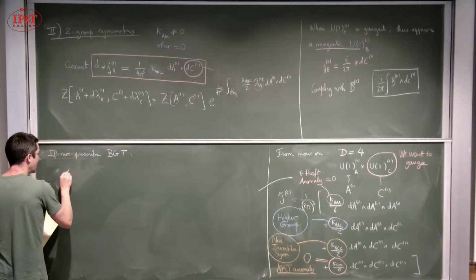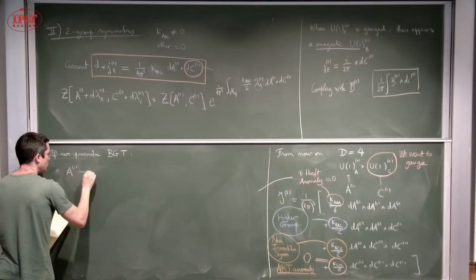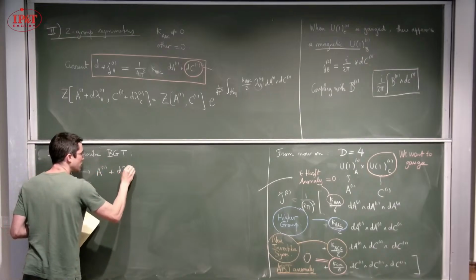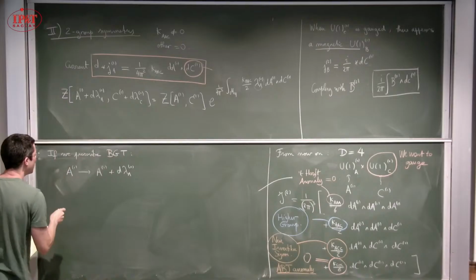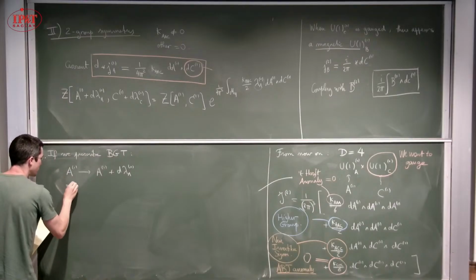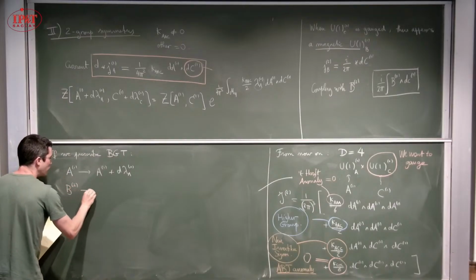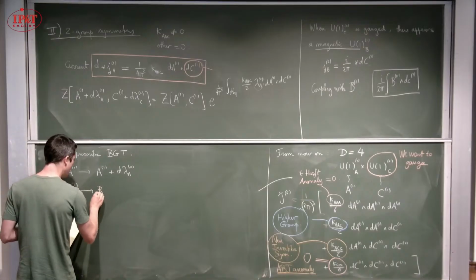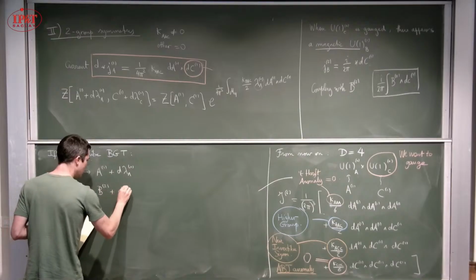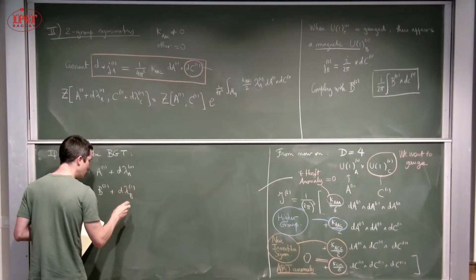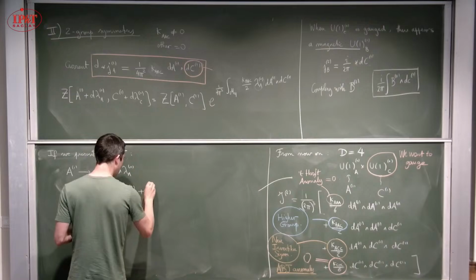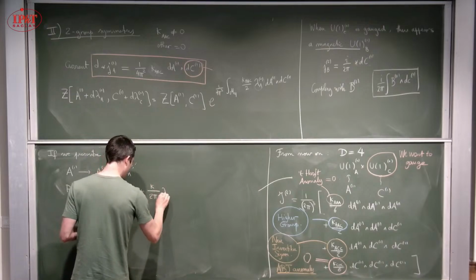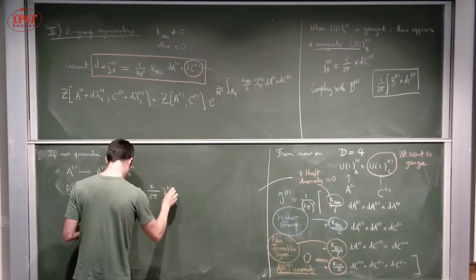So now A goes to A plus d lambda_A^0. This one we don't change, it's the same as here. But for B, we prescribe a new kind of background gauge transformation, which is B plus its usual coefficient, the one-form, and plus, very importantly, some coefficient kappa over 2 pi, lambda_A^0.